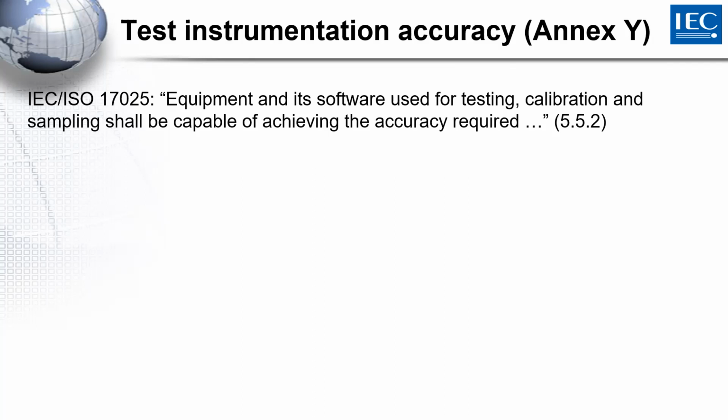And in the standard, it is defined, and I cited it here, that equipment and its software used for testing, calibration, and sampling shall be capable of achieving the accuracy required. So this is the main sentence.